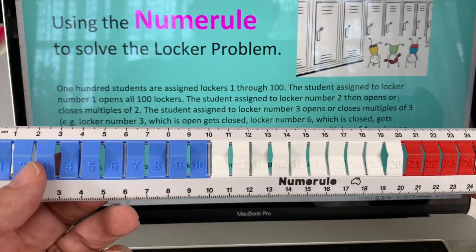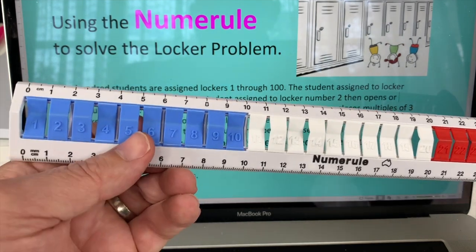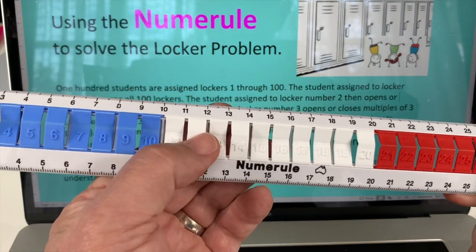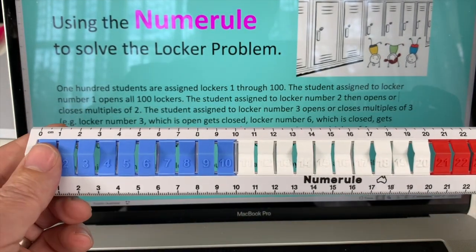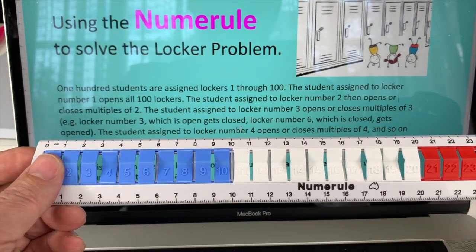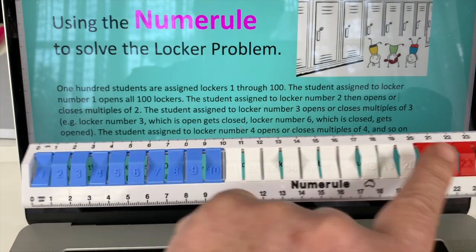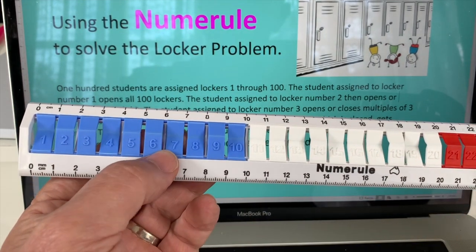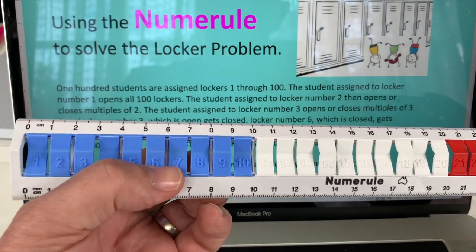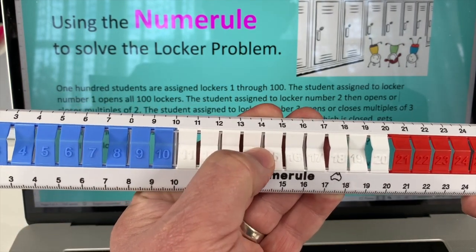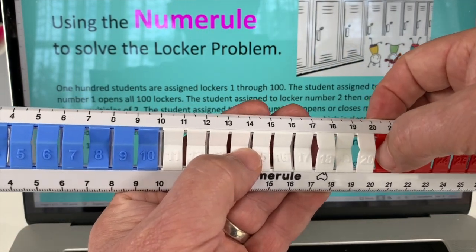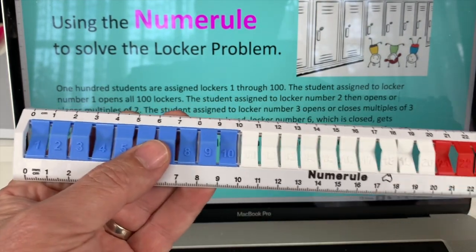Student number 6 comes along and does multiples of 6. 6, 12, 18. Cool. And nothing after that. Student number 7 comes along, does multiples of 7. So 7, 14, 21. Nothing after that.